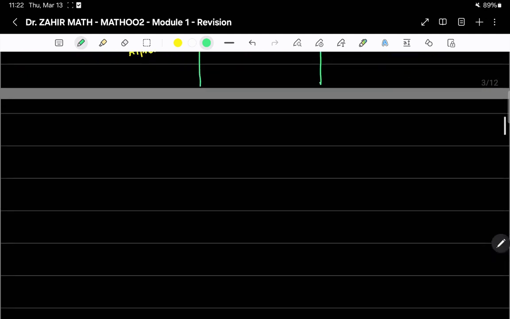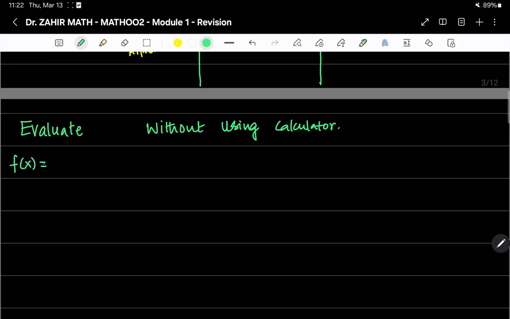Let's go to the next idea. The next idea is evaluate without using calculator. 3 questions I'm going to give. f of x is equal to log x base 3, at x equal to 81.